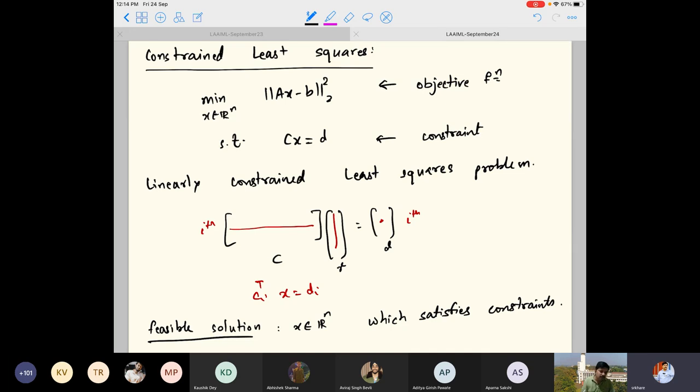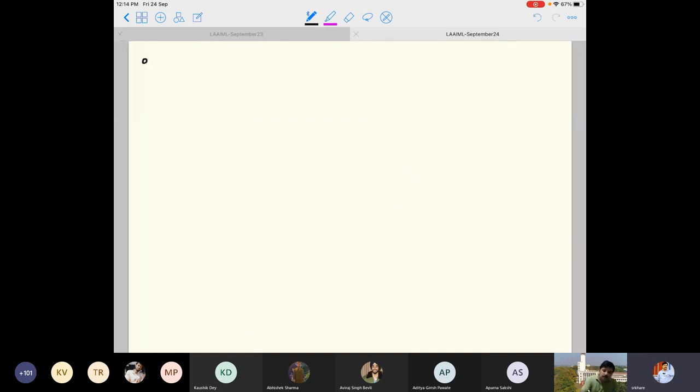So what is the optimal solution? The optimal solution, or optimal point, is X hat in Rn such that first, X hat is feasible. That means that it actually satisfies all the constraints.